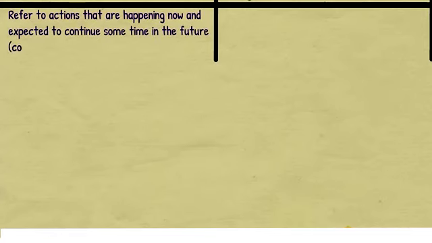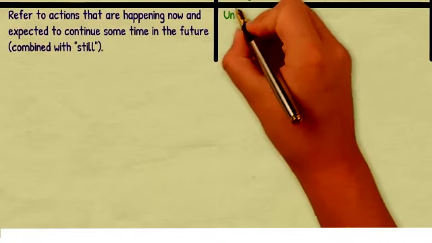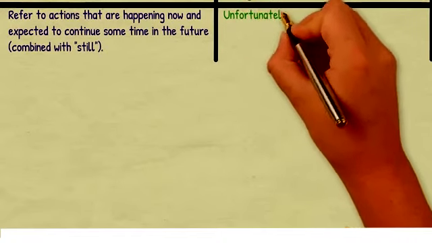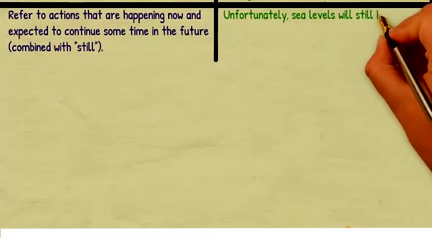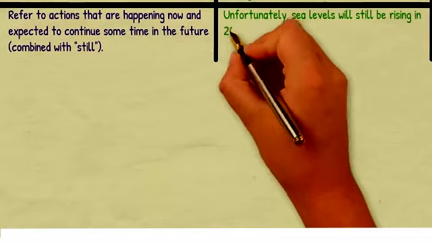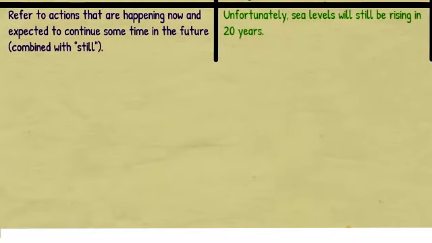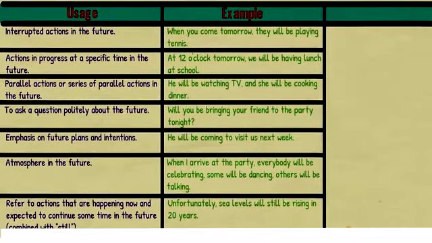Refer to actions that are happening now and expected to continue sometime in the future. Combined with still. Unfortunately, sea levels will still be rising in 20 years.